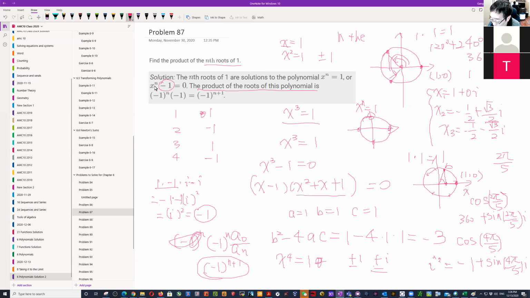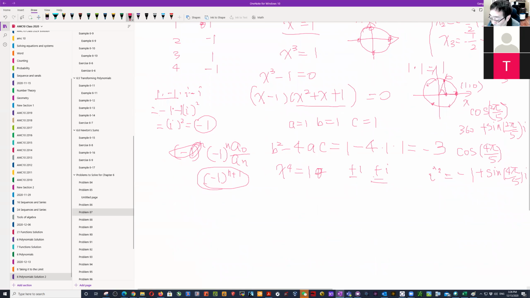Then this is the mirror image. The fourth solution is going to be the mirror image of this. So the cosine will stay the same, cosine 4 pi over 5, and the y coordinate becomes negative from positive, so minus sine 4 pi over 5 i.